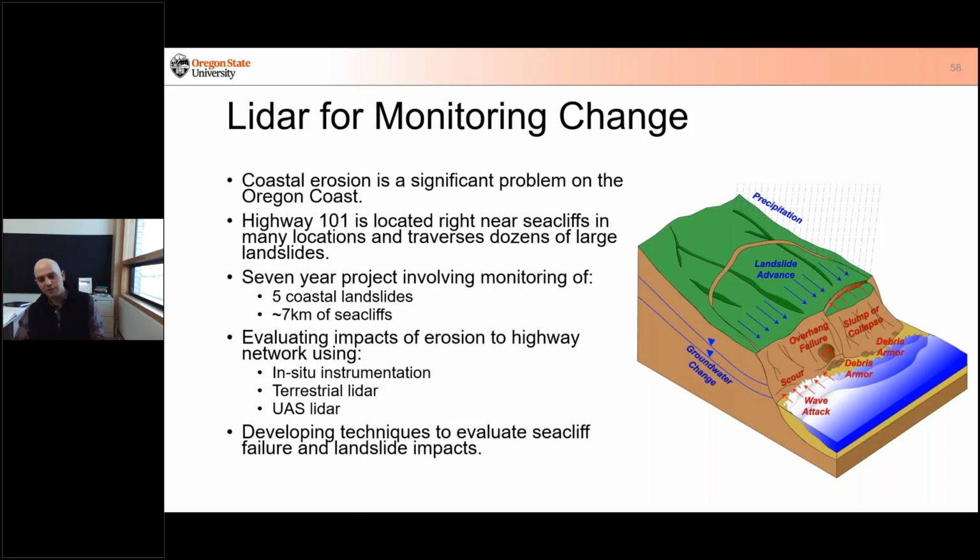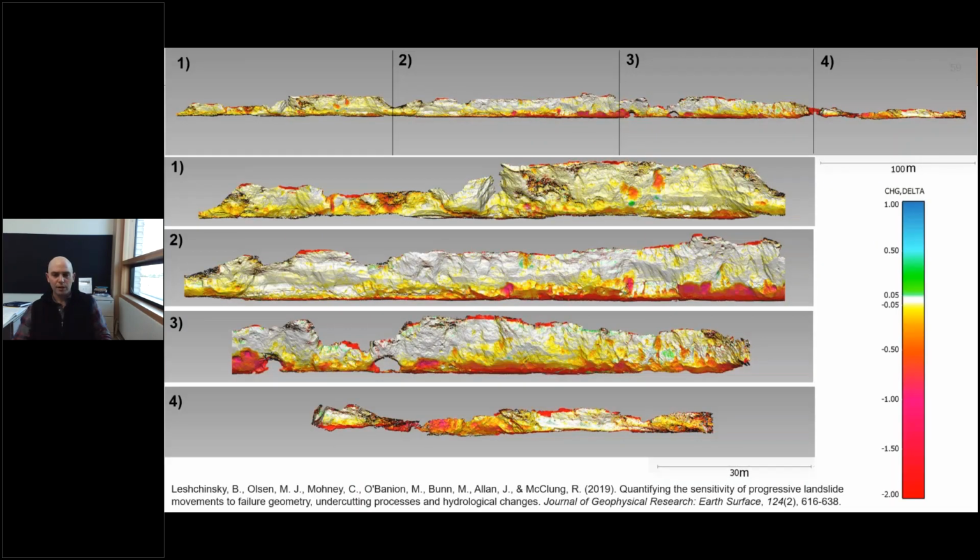And what we've done is developed a few techniques to evaluate sea cliff failure and coastal retreat, as well as the role of those in landslide impacts on the highway. All right, let's get to it.